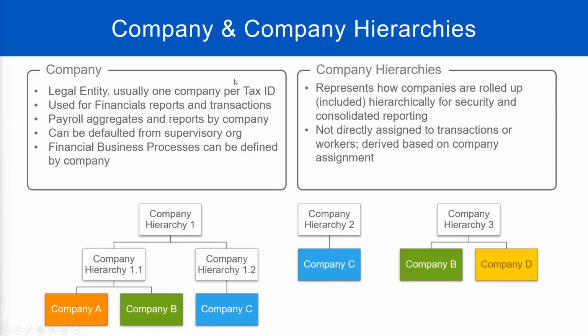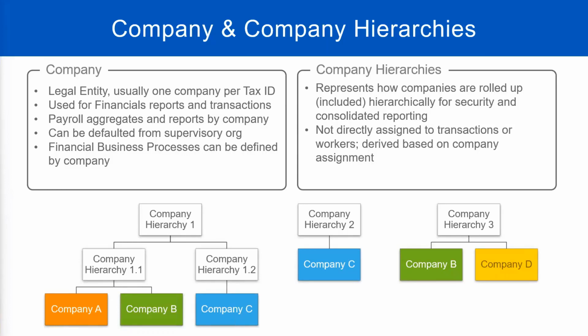Now, just like we had location and location hierarchy, we also have a company hierarchy. There are two different kinds of objects. One is a company, the other one is a company hierarchy. The company hierarchy represents how companies are rolled up hierarchically for security and consolidated reporting. That is the important thing.